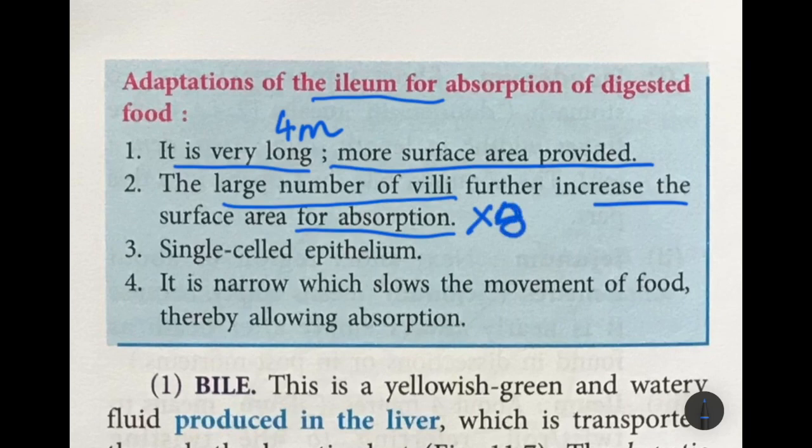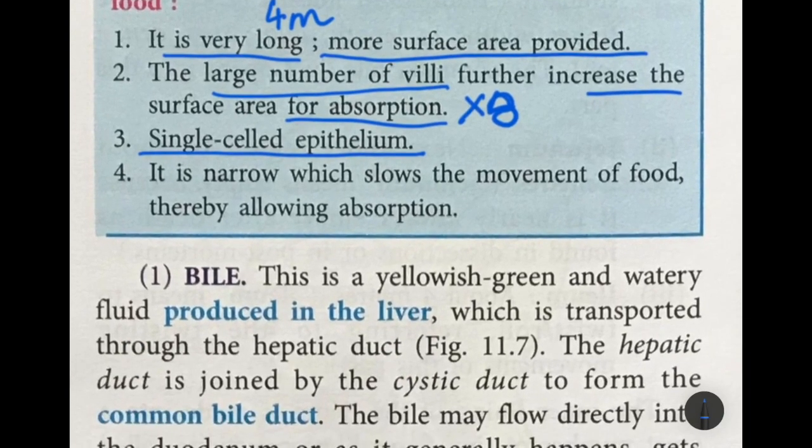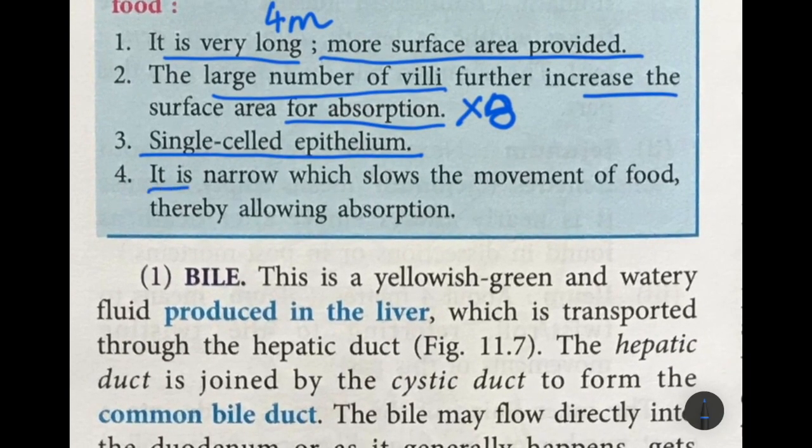Okay, and it has a single celled epithelium, so that absorption becomes easier, and the ileum is narrow. So what happens when the food reaches this narrow ileum? It slows the movement of the food, thereby allowing absorption.